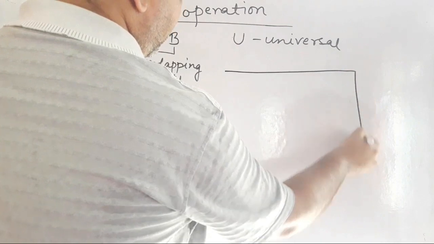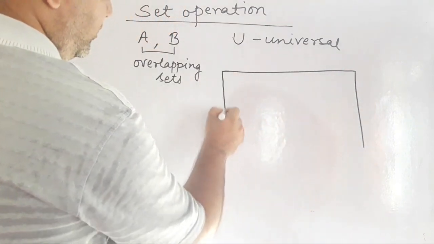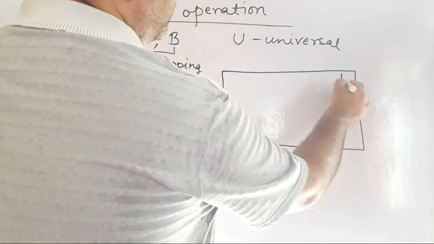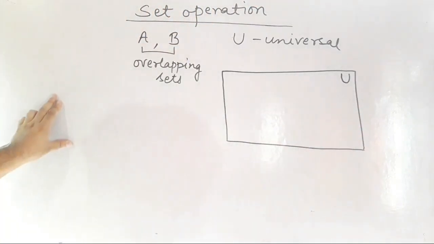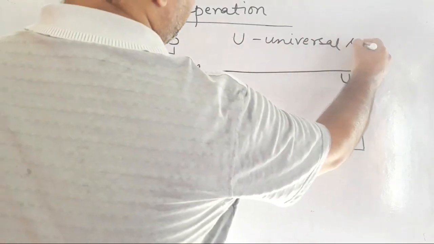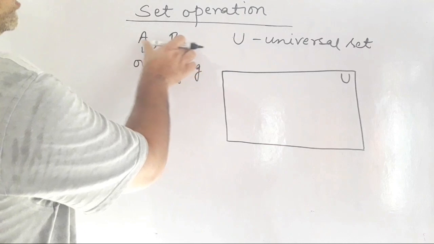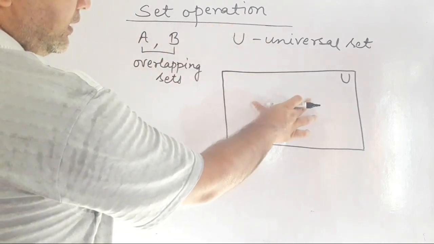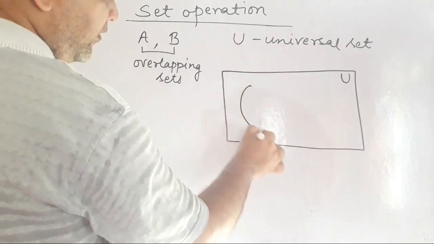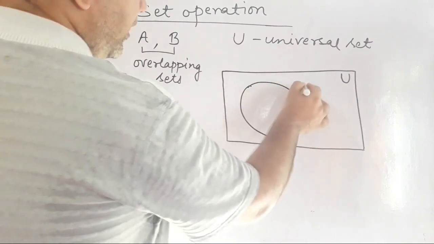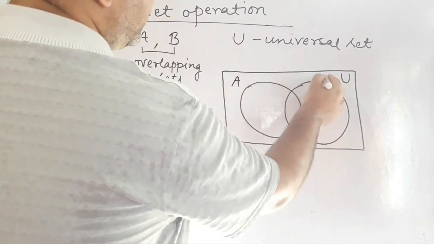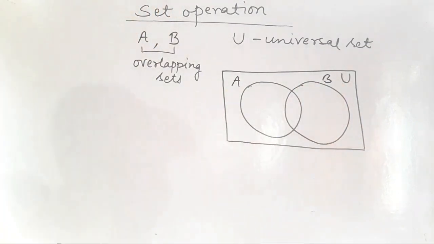This is a universal set. I told you that the universal set is represented by a rectangle, and since A and B are subsets of the universal set, A and B should lie inside the universal set. And since A and B are overlapping sets, they are intersected.